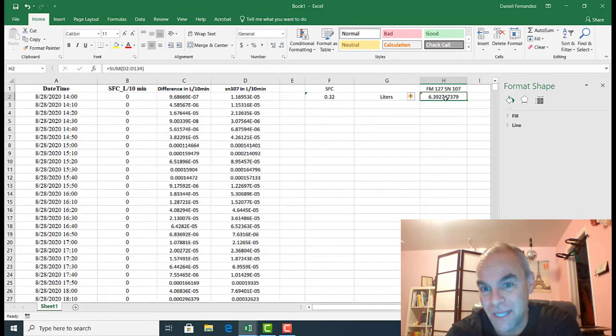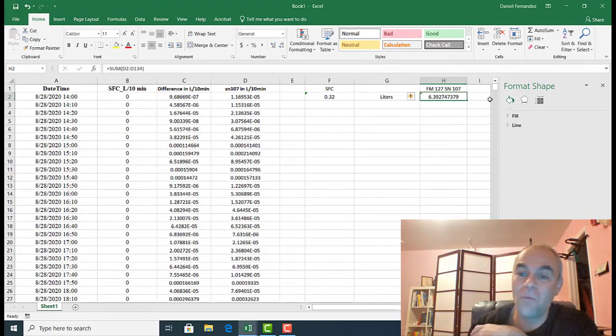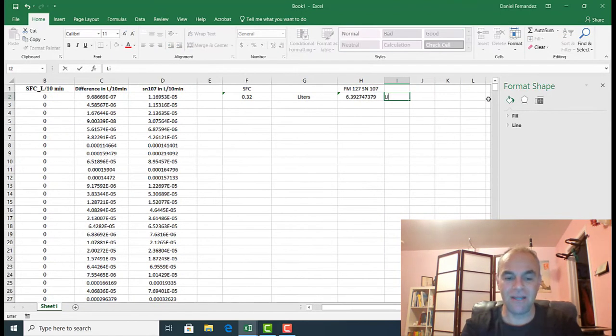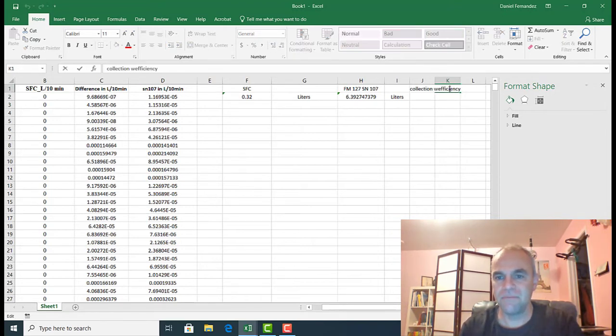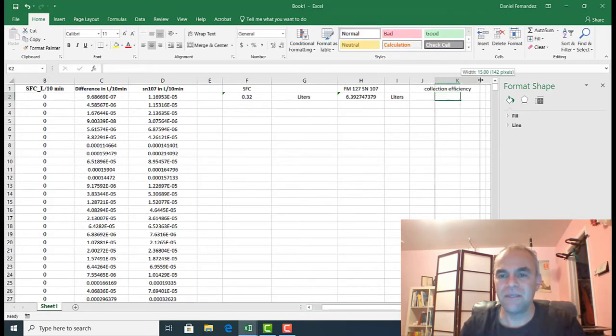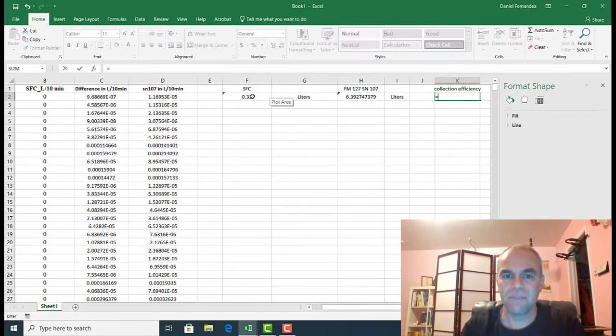That's not that good, actually. That's a pretty low collection efficiency, as we call it. It's a lot lower than I've seen in other cases. So I'm interested in why it's higher or lower in different cases. This collection efficiency is equal to the ratio of these two, this divided by that.